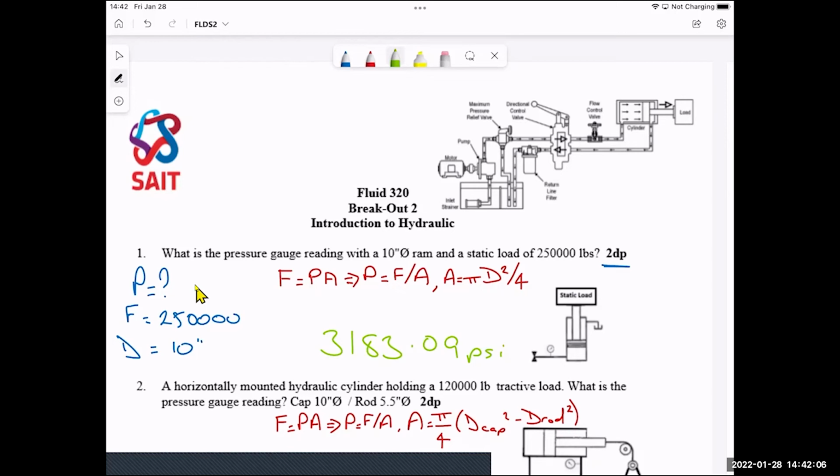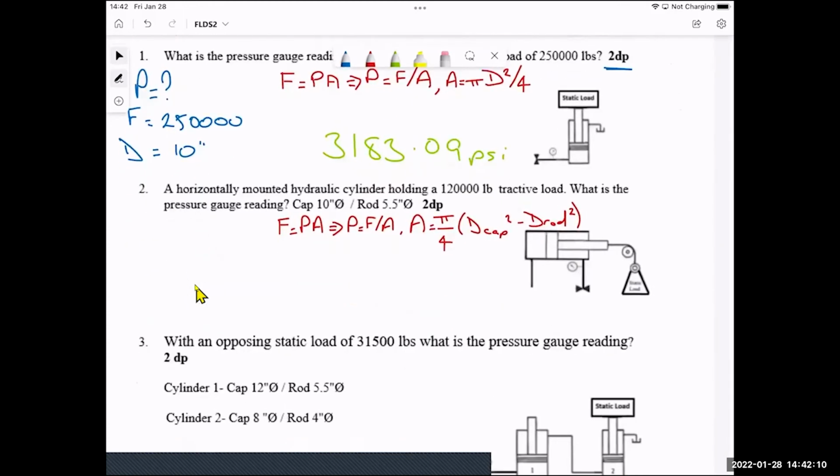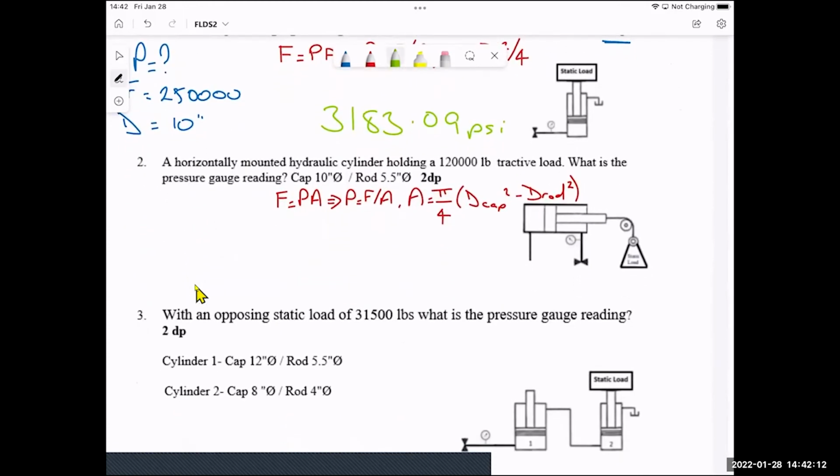So, simple solution, we covered this to death in breakout number 1 and in some of your labs. A little bit of a different situation here. I've got a load trying to go down. I've got a closed valve and a pressure gauge.